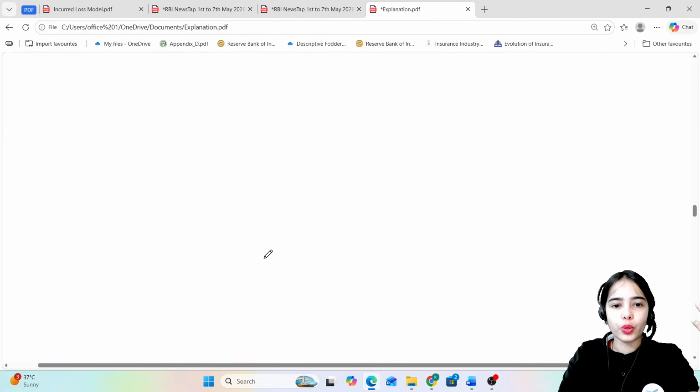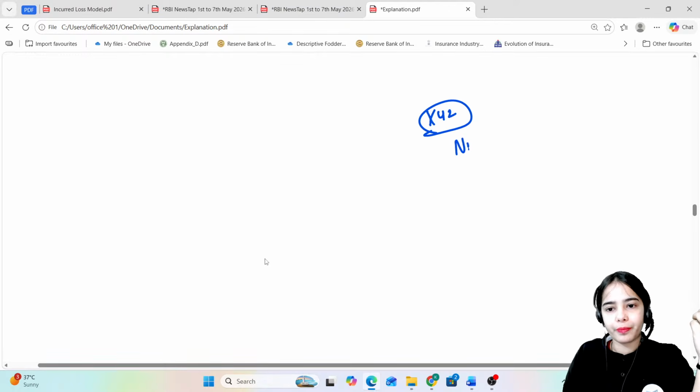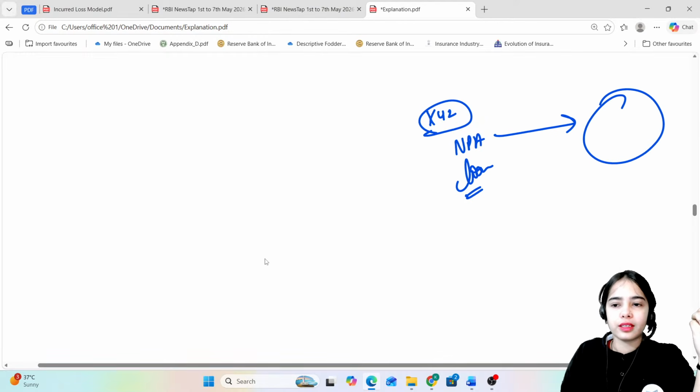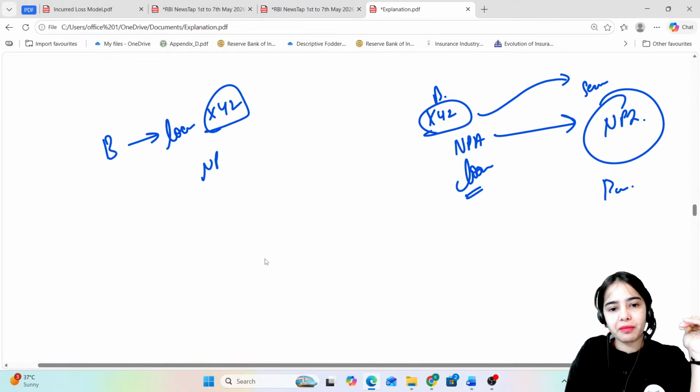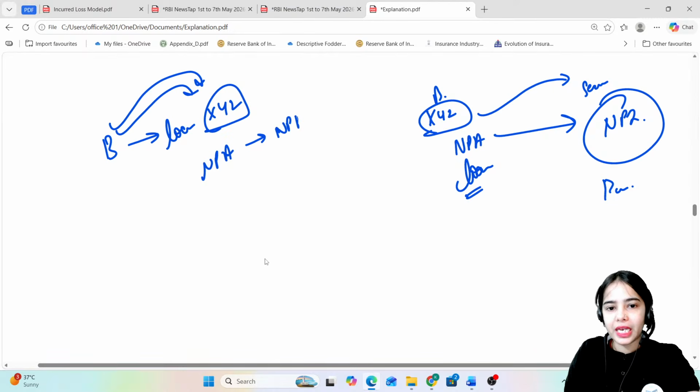So usually for a borrower, what happens? Let's say this entity XYZ has become NPA on a loan. All other securities of this borrower that the bank has invested in will be considered NPI, non-performing investment. So if a bank has provided a loan to the XYZ entity which is becoming NPA, all other facilities provided to the same borrower will be considered NPA and the investments will be considered NPI.